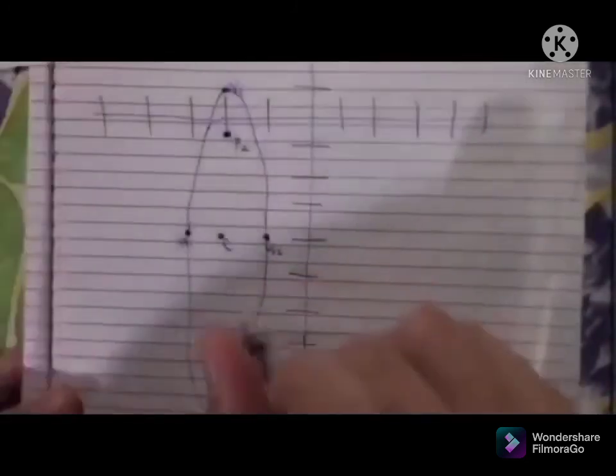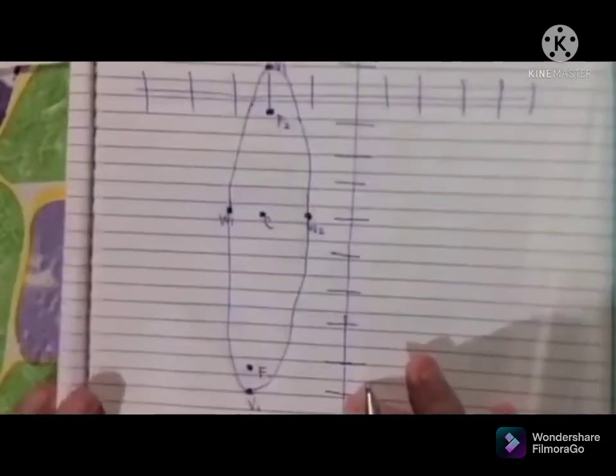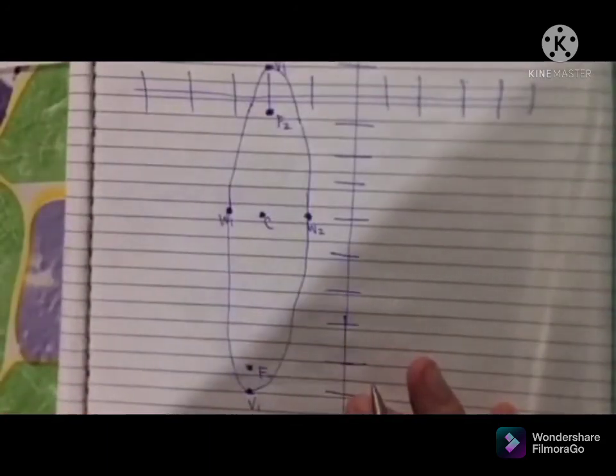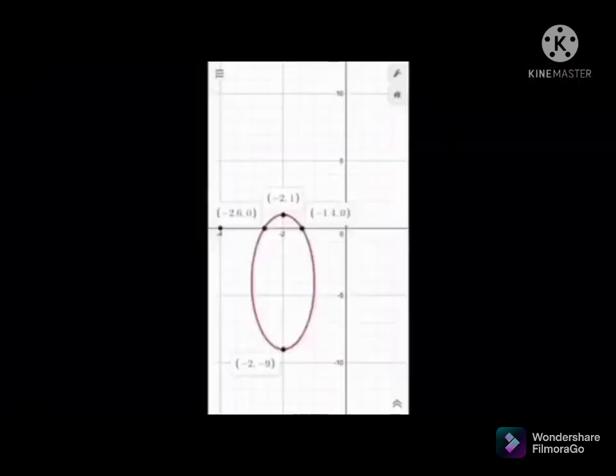Now we successfully proved that our equation is vertical, and using Desmos, as you can see, our graph is perfectly matched. That's all.